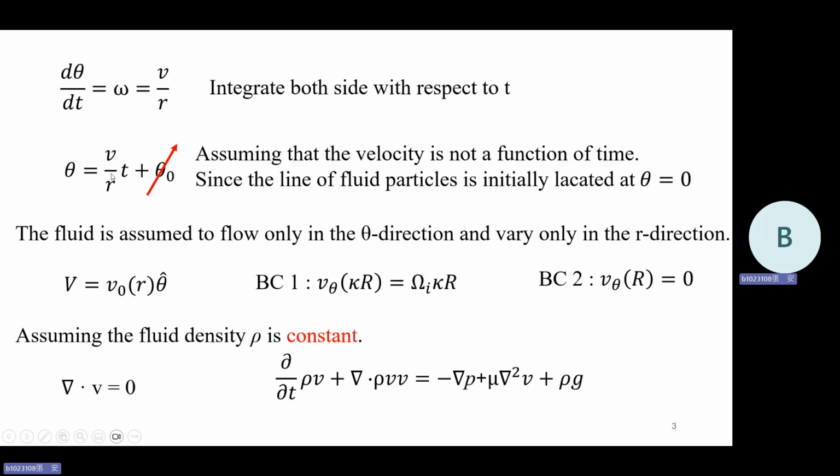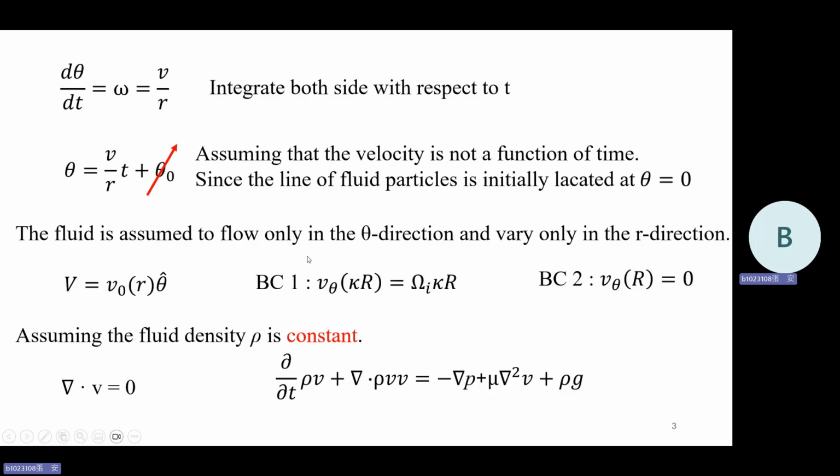But when t equals 0, theta is 0, so theta 0 is 0. So we get the equation here. Now we assume the flow is only in the theta direction and varies only in the r direction. So we get this function and the two boundary conditions.